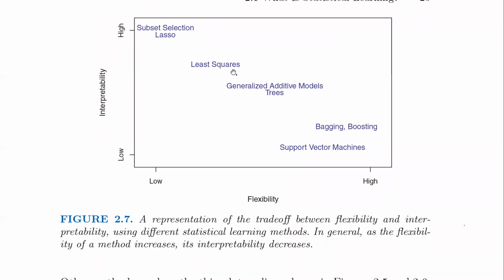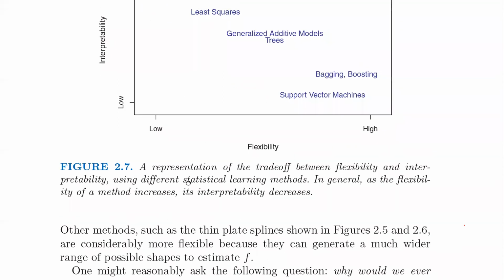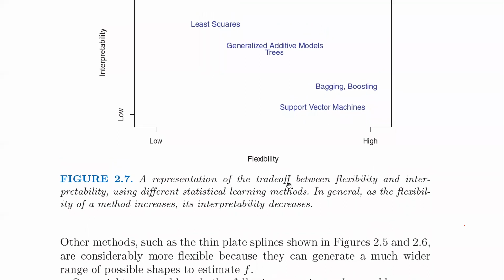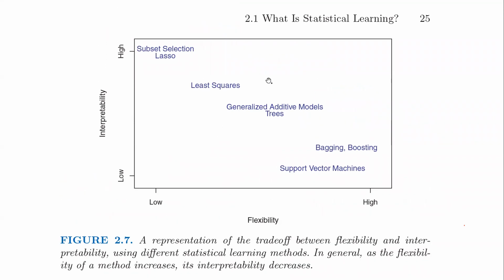we're looking at, I would imagine some of them are examples of parametric and others are of non-parametric. And it's probably enough to just read this. A representation of the trade-off between flexibility and interpretability using different statistical learning methods. I guess somewhere in this region would be the Goldilocks zone, not too hot, not too cold.